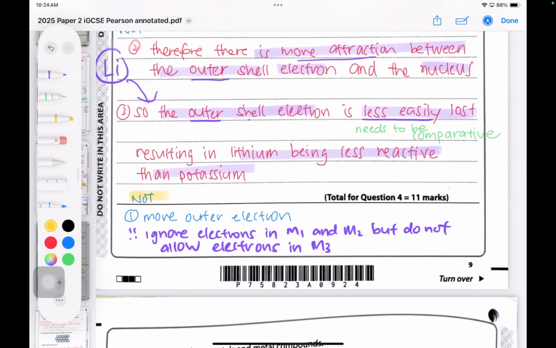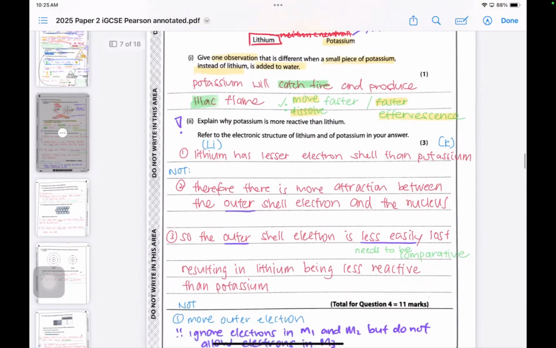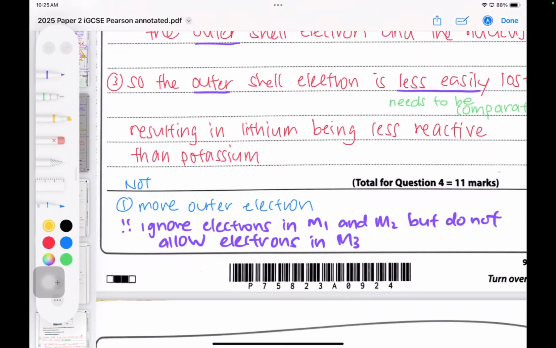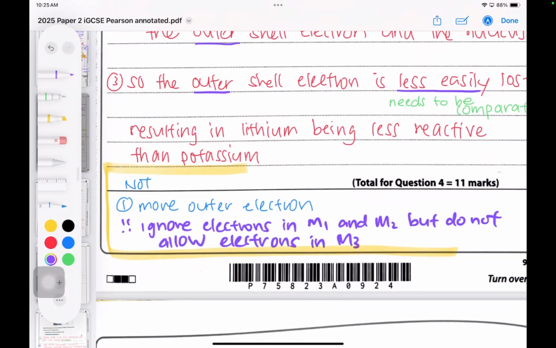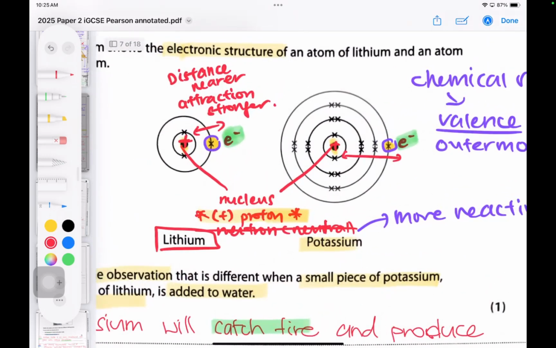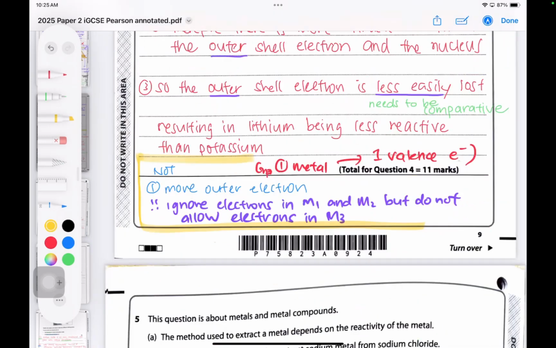These are things not to write, because these are common misconceptions that students tend to make. One thing to take note of here is that group 1 metals only contain 1 valence electron. How do you confirm this? You can use the diagram. Both of them only have 1 valence electron, and that's the reason why they are placed in group 1.